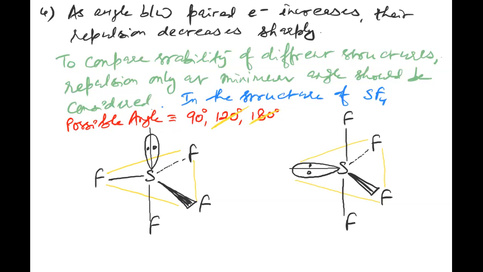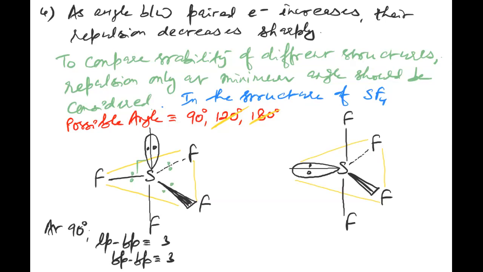Obviously, this lone pair of electrons is at 90 degrees from these bond pairs of electrons. Here you can imagine that at 90 degrees, the lone pair-bond pair repulsions are 3, and similarly the bond pair repulsions are also 3.